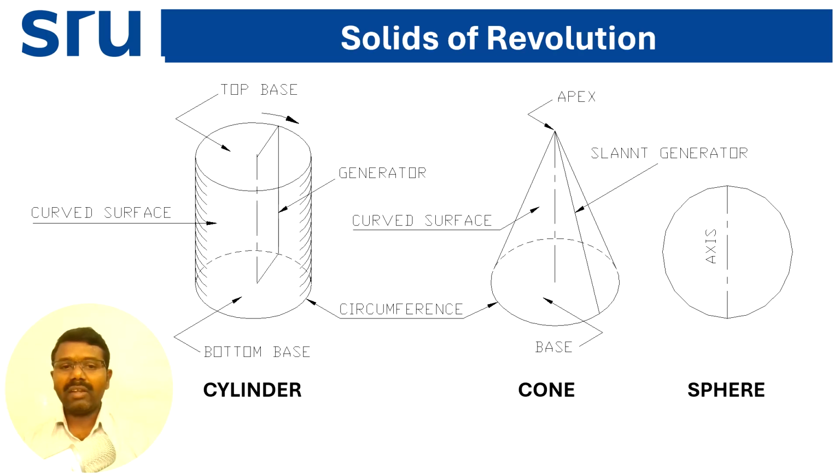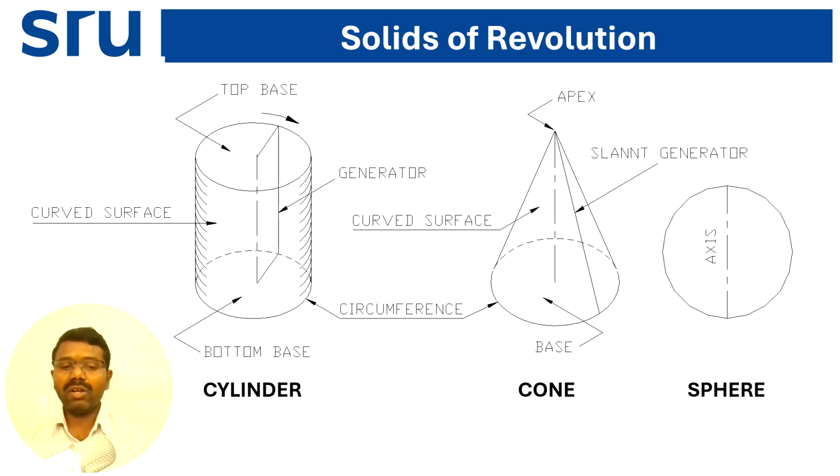And the next division of the solid is the solid of revolution. If you take any square or rectangle or a semicircle or triangle, and make it revolve about any one of its edges, it will form a solid of revolution.